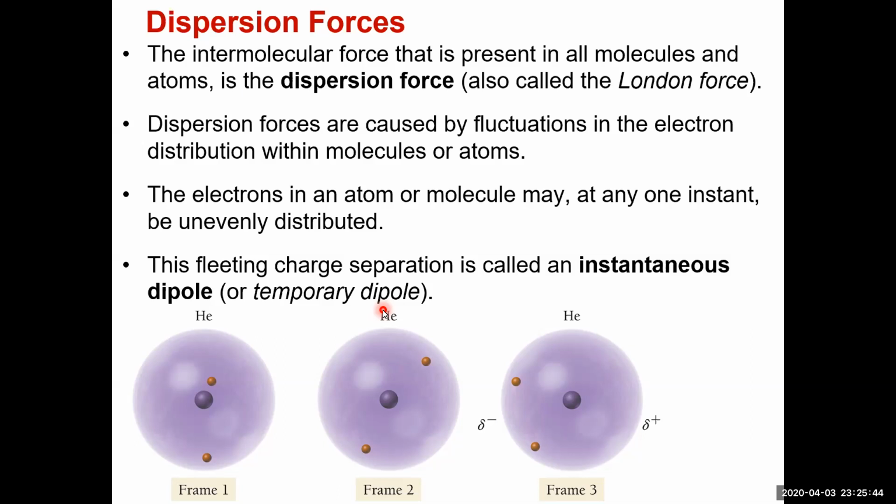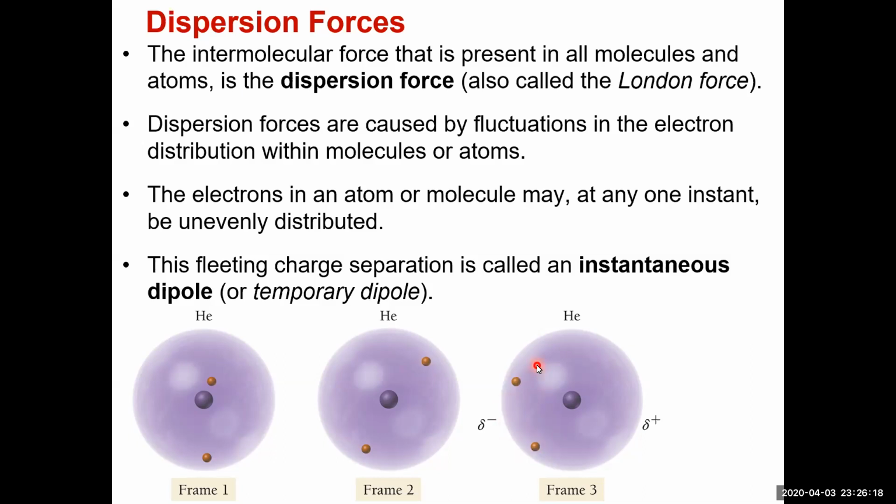So if we look here, we have a helium atom, and if we look at frame 1 in regards to frame 2, we see that the electrons are constantly moving around. And these two electrons are not necessarily going to be directly opposite to each other. In frame 2, they look to be directly opposite to each other, but at any one point, they could be closer to the same side as each other.